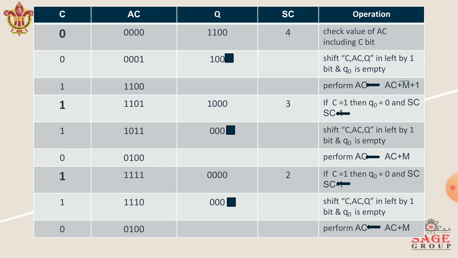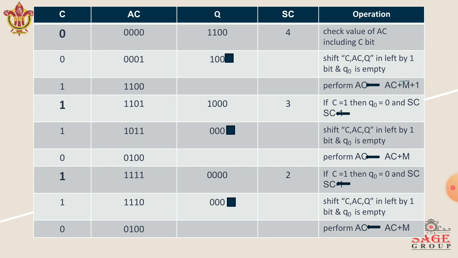Now again we check whether the value of SC is equal to 0 or not. If SC is not equal to 0, then the loop goes on. So check the value of C including AC. The value of C is 1. So we shift C, AC and Q left by 1 bit and Q0 goes empty, and we also perform the operation AC plus M. The value of M is 00100.